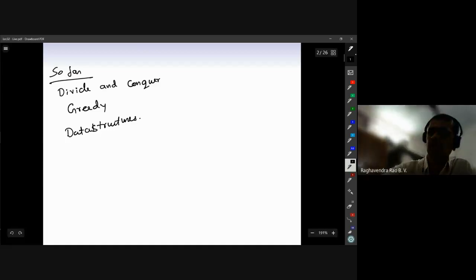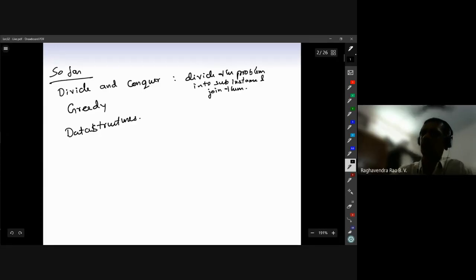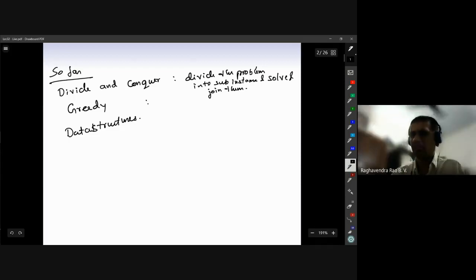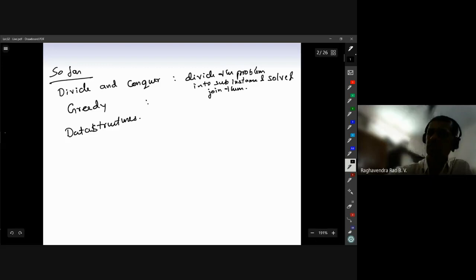Divide the problem into sub-instances, solve them, and somehow join them into a global solution. Greedy has a slightly different feature. It is characterized by greedy choice and optimal substructures.